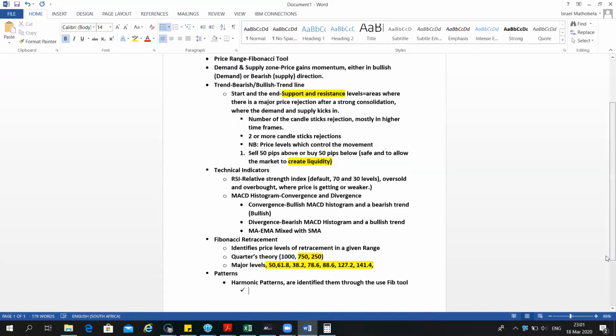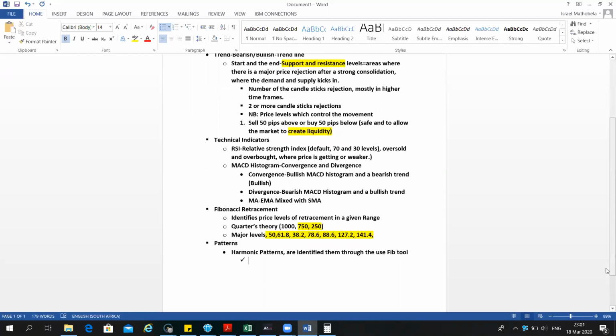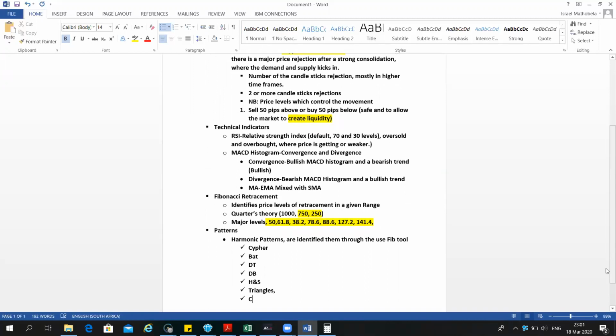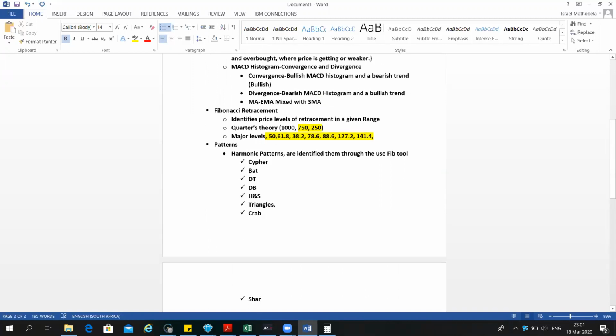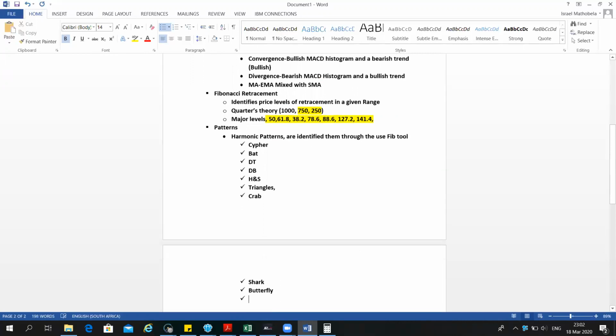The harmonic patterns include your cipher pattern, your bat pattern, your double top, your double bottom, your head and shoulders. They also include your triangles, your crab pattern, your shark pattern, your butterfly pattern, your Gartley pattern.